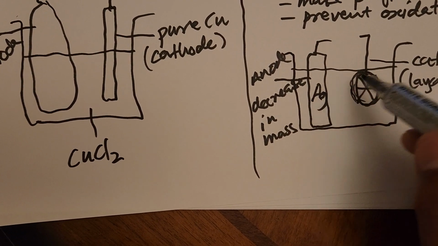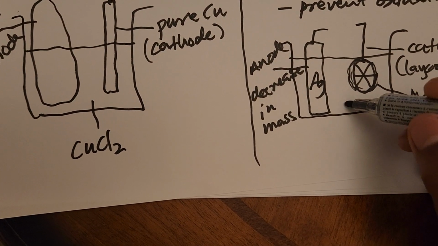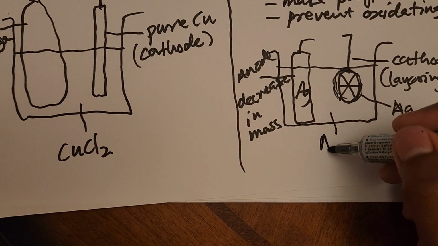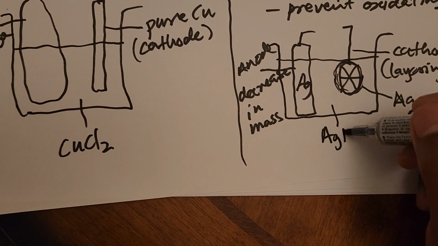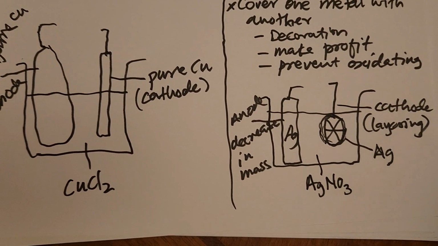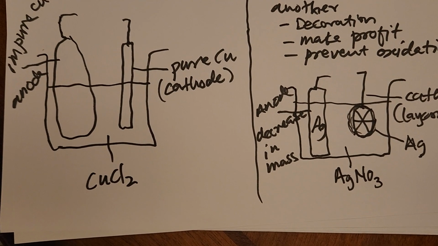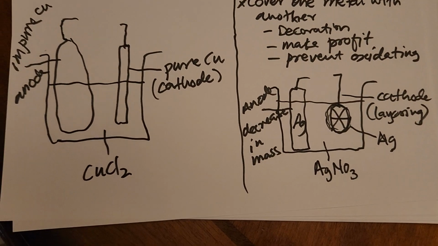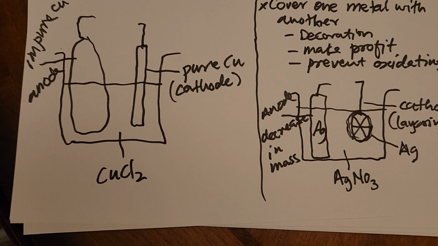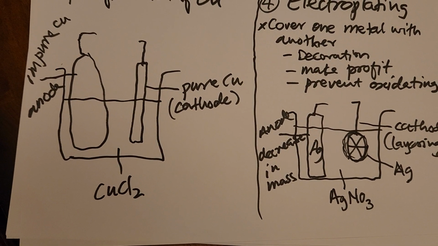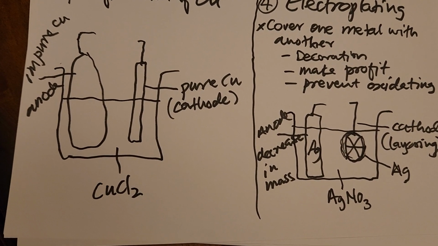So it's easy in this one. Therefore the electrolyte, if I'm covering with silver, must be a silver electrolyte, preferably silver nitrate. We normally use nitrates because nitrates are very soluble at all times. That's why we are using nitrates in these cells.